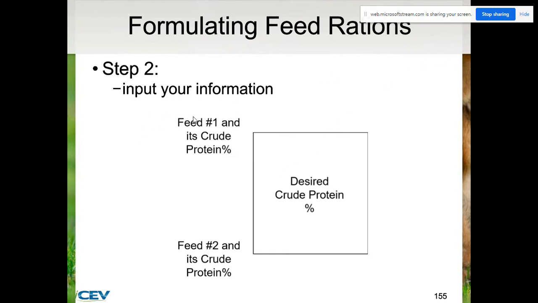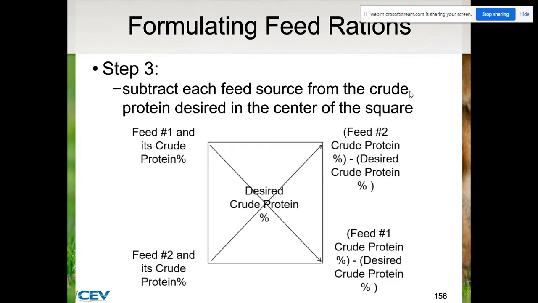When you put soybean meal, you'll put that with its percentage. If it's 25% soybean meal, you'll put that. I'll show you guys what a problem looks like in a minute, but this is just how to set up the Pearson Square. After you've put your two feeds in their spots, you're going to put the desired crude protein percentage in the center of the square and subtract.